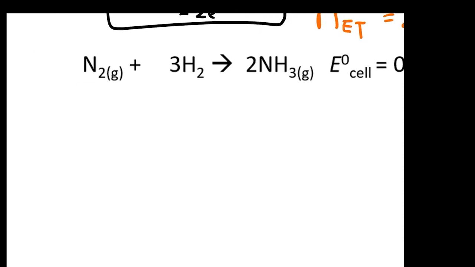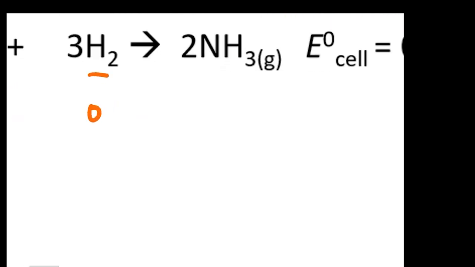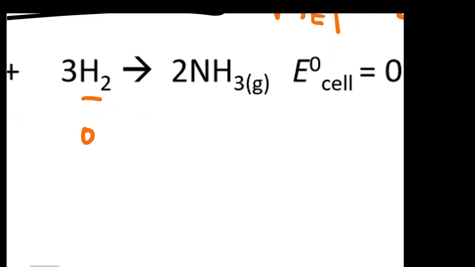Again, we start by figuring out the oxidation numbers of the atoms first. N2, 0. How about H2? 0. Now you have a compound, 2NH3. What is the oxidation number of your H? Plus 1. How about your N? Minus 3. This is the step that you need to be super quick. You don't have time to waste on figuring out the oxidation number of every single atom.